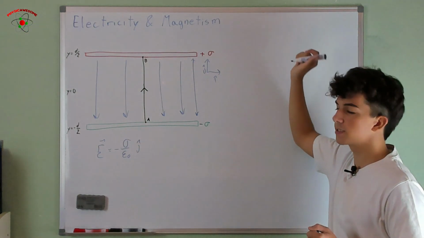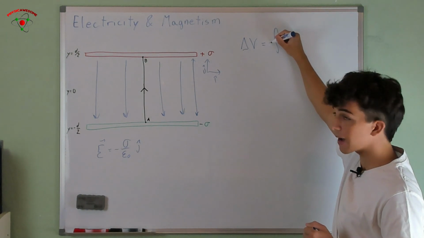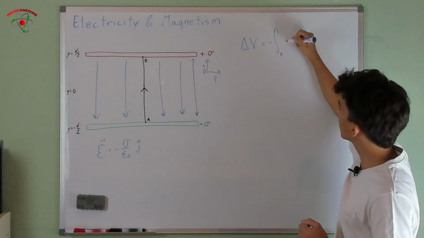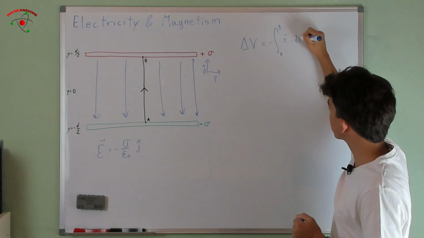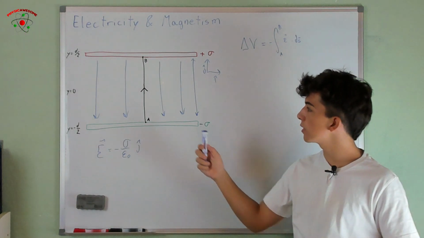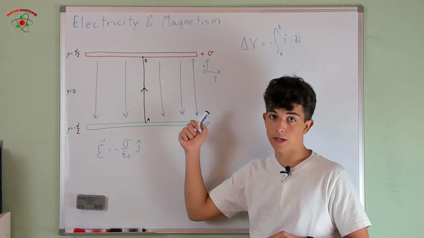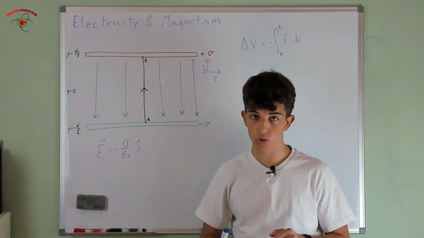If you recall from last time, the change in potential equals minus the integral from A to B of the electric field times ds. In this situation, ds is going to be dy in the j hat direction, and we're going from minus d over 2 to d over 2.